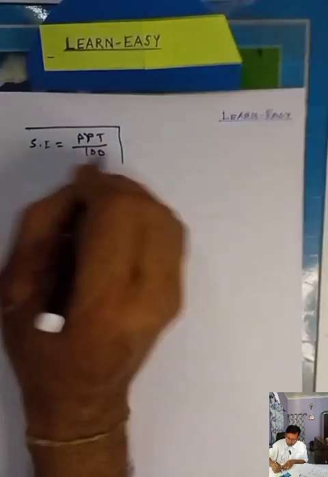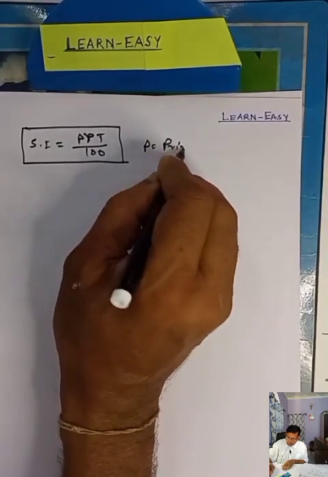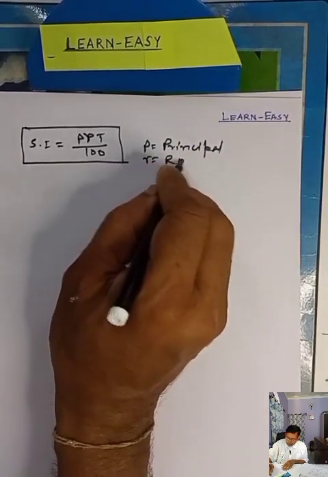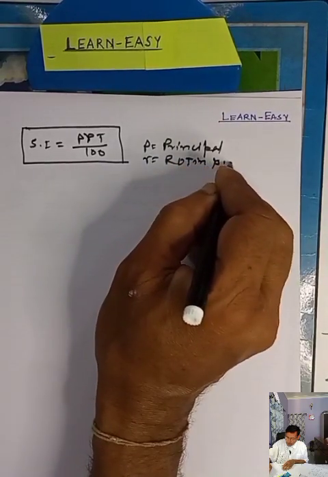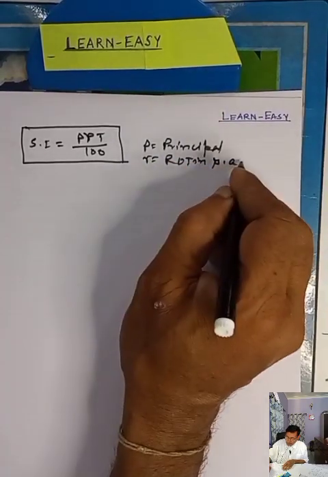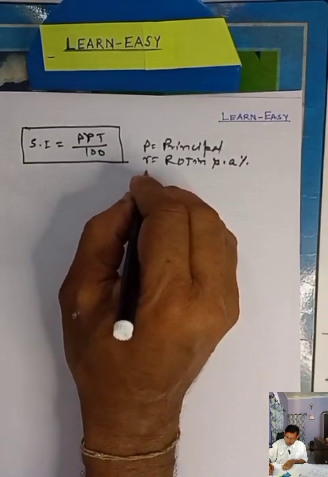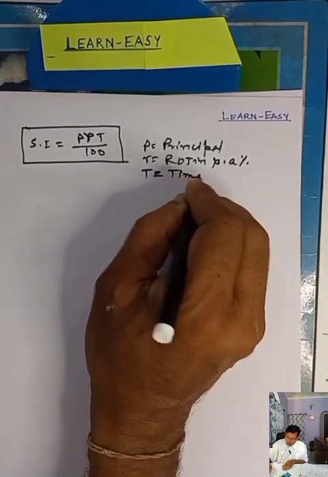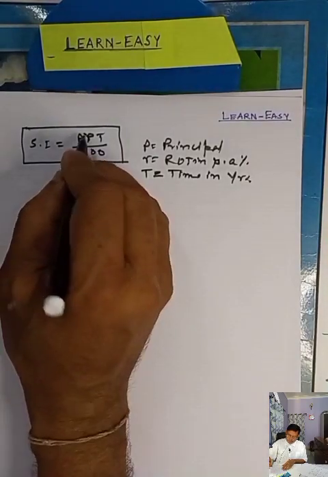This is the formula. Here P is equal to principal, R is equal to rate of interest per annum in percentage, T is equal to time in years. This is simple.